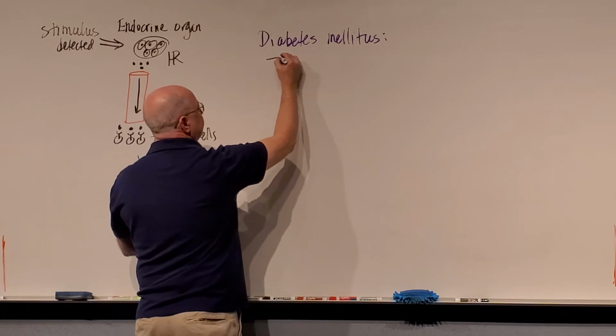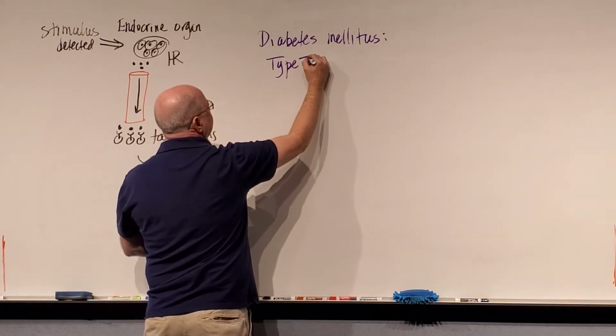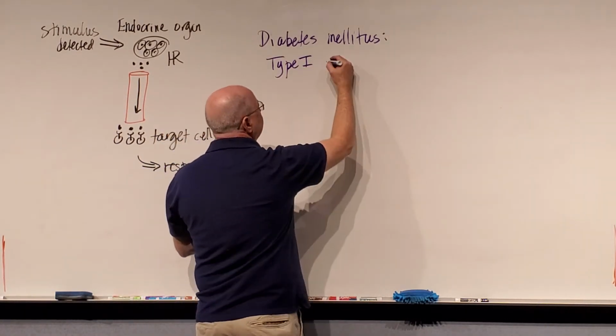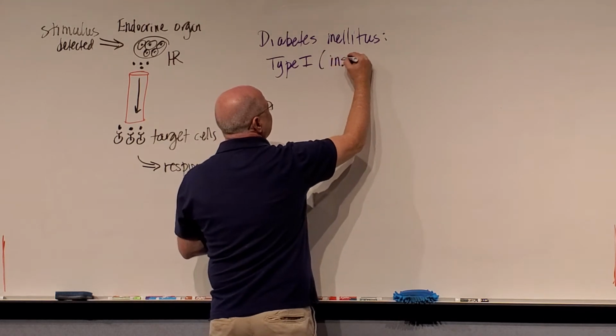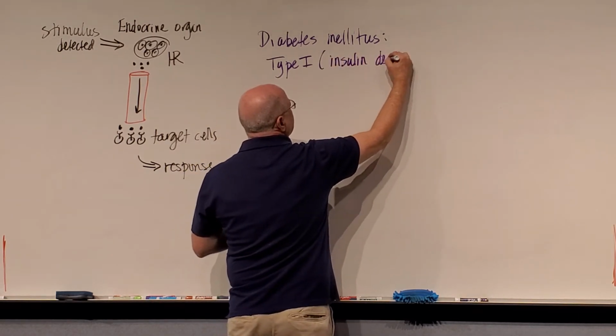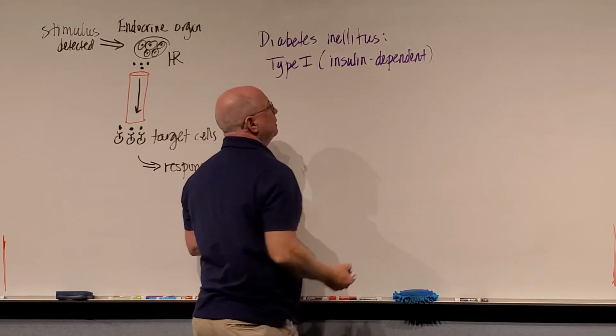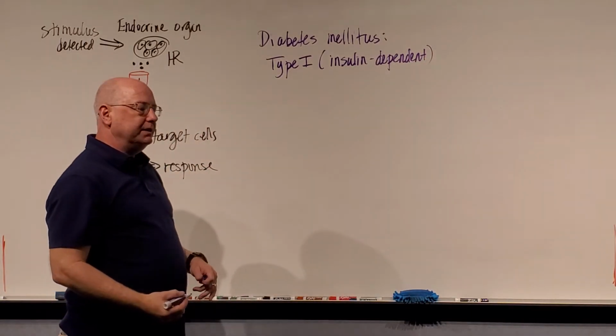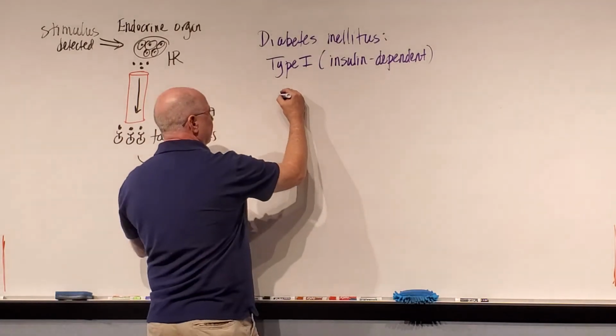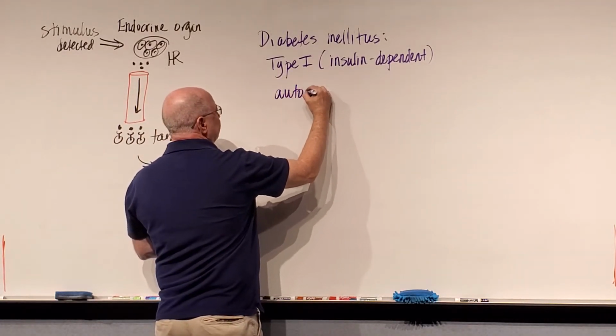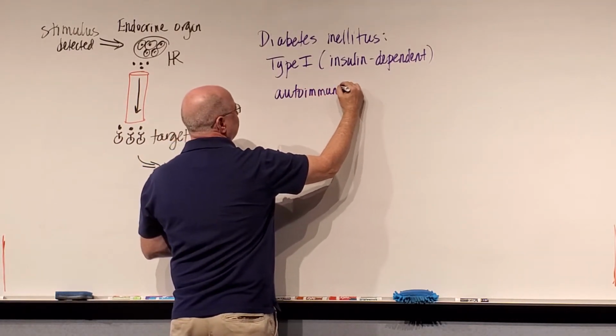And there's two types of this. There's one that's called type 1 diabetes. Type 1 is also known as insulin-dependent diabetes. In insulin-dependent diabetes, it is considered to be somewhat of an autoimmune disorder.